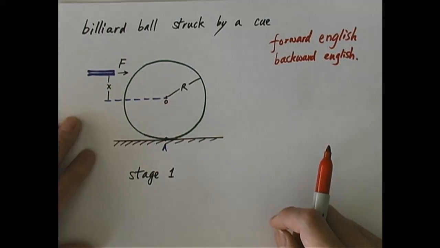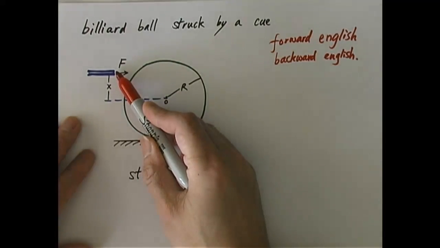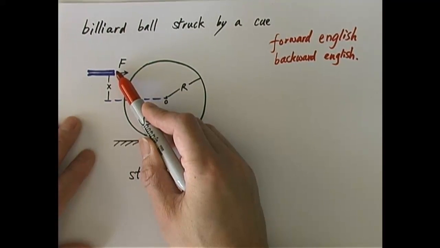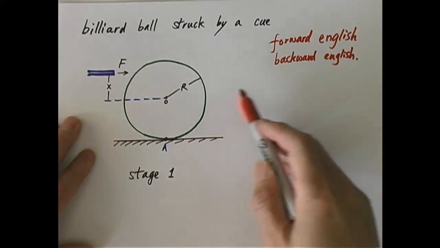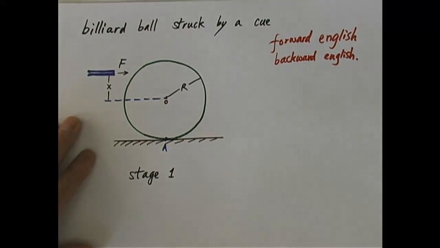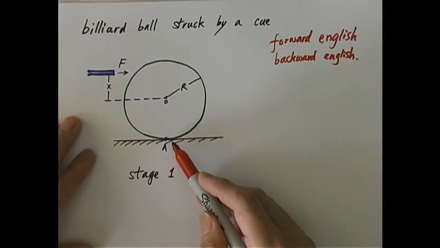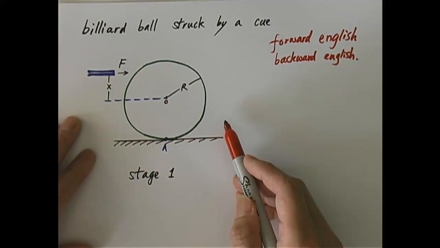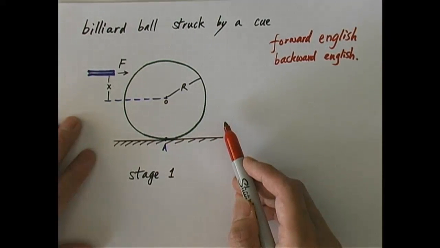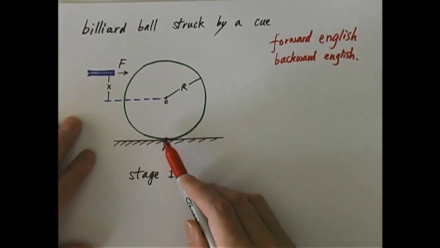That's stage 1. Stage 2, the impulse is done. The cue is no longer touching the ball, so the ball goes forward on its own. It is still touching the table. The table may give it a friction, which may speed it up or slow it down. But eventually, after rolling a little bit, it's going to settle into what's called pure rolling, as we studied before, so that it is no longer sliding forward or sliding backward.